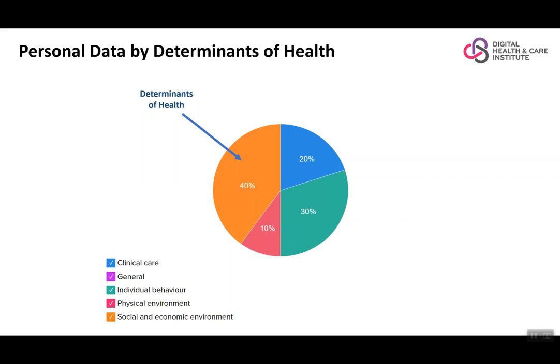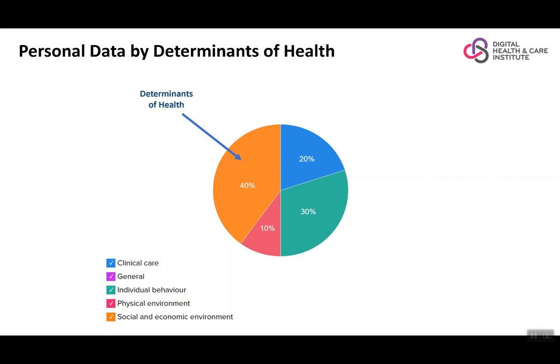For anyone not from a public health background, this is a model based on something called the social determinants of health, which basically says that your health outcomes are a composite of your clinical care, your individual behavior, your physical environment, and your social and economic environment. And the key thing here is that the clinical care component that usually gets most of the investment is only 20% of the overall outcome.